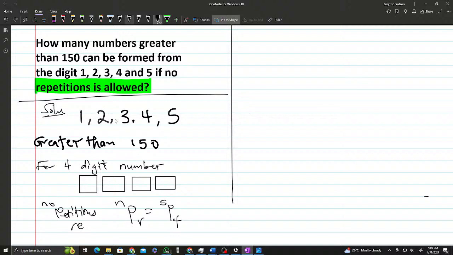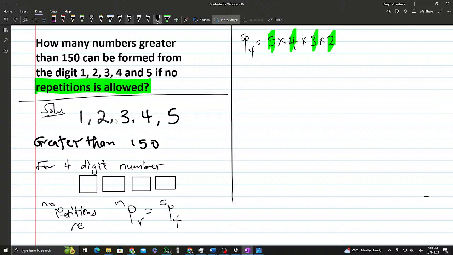The best approach is that 5 permutation 4 is equal to just multiplying 5 downwards 4 times. So 5, 4, 3, 2. How many multiplications do we have? 1, 2, 3, 4.